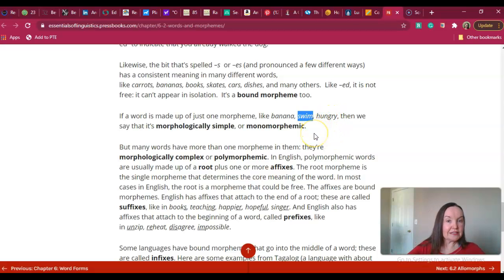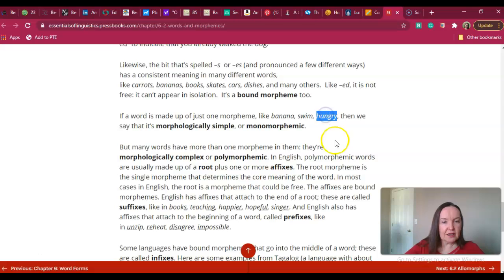I could say he swam. In that case, I cannot add an ed, right? That's an irregular form. I can't say he swimmed. That doesn't sound right. So that would be an example of an ed ending that a child would eventually get over time. They would realize that ed doesn't work there, even though you would think it would.